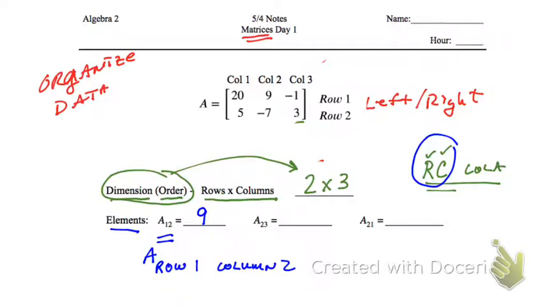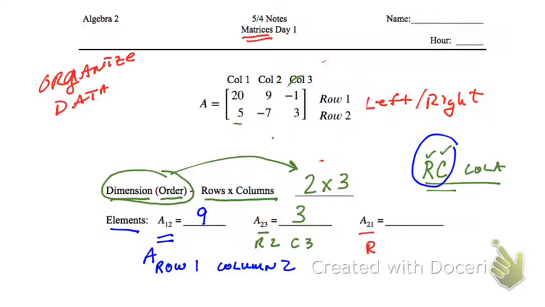So when I see A sub 2, 3, that's row 2. Okay, that's that bottom row. Column 3, that's that last column. And what number did I circle twice? 3. So the element A sub 2, 3 is a 3. And how about then A sub 2, 1?